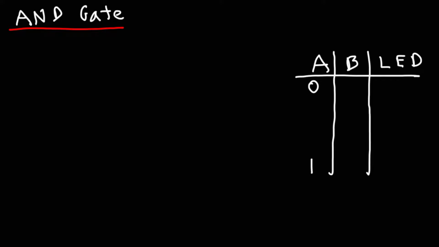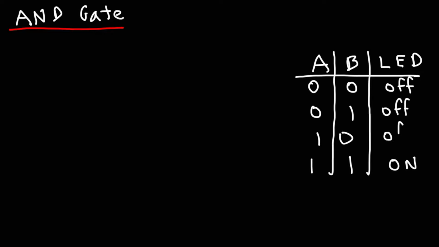So if both A and B are 1, the LED will be on. For all other situations, the LED will be off. So that's how I like to remember the truth table for the AND gate.